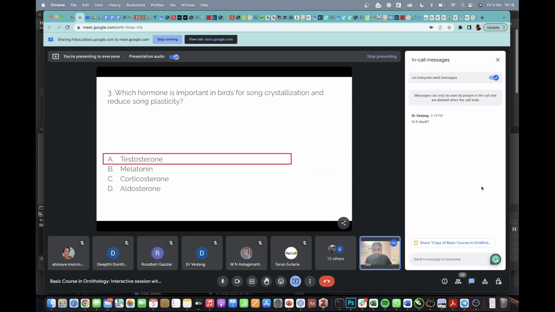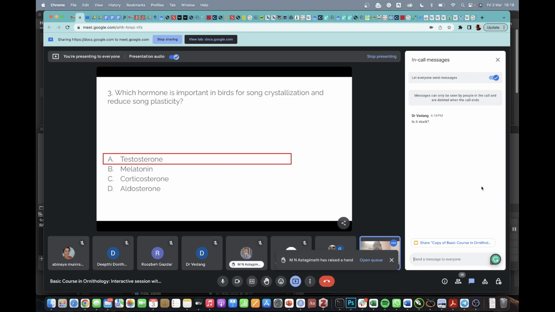So I was asking, apart from Rusbe and Govind, somebody else wants to explain what song crystallization means? I'm assuming Rusbe and Govind, you know the answer, so that's why I'm not asking you to answer.